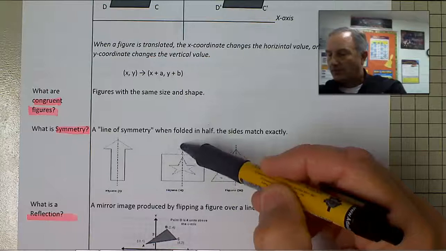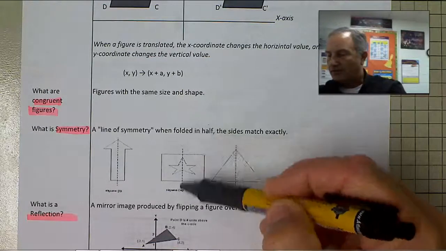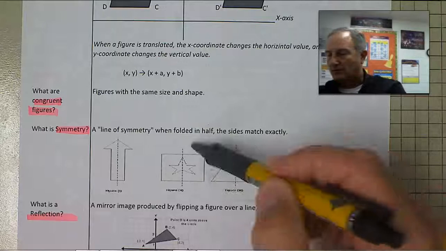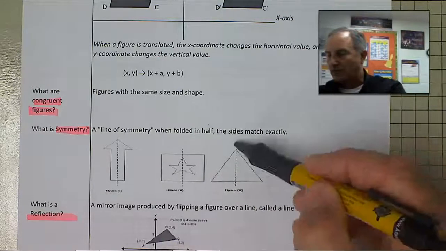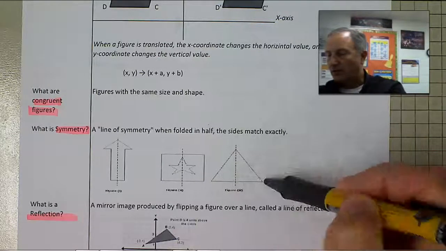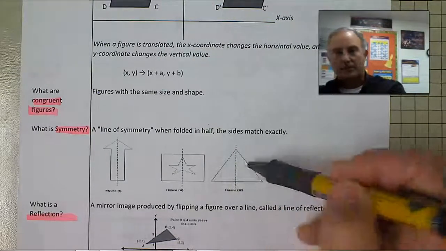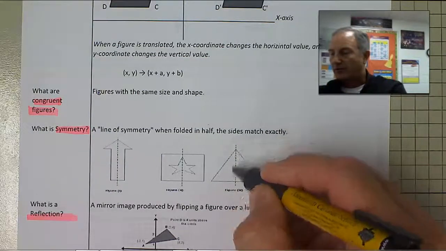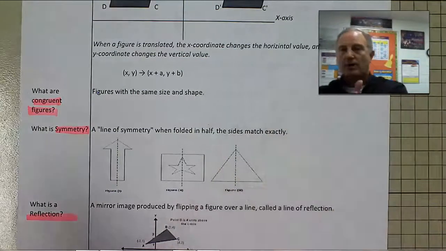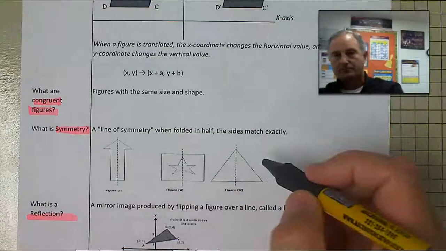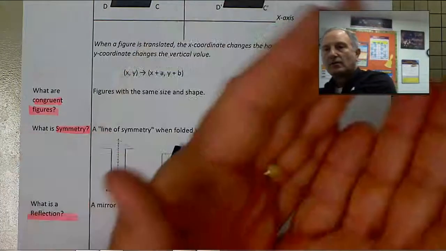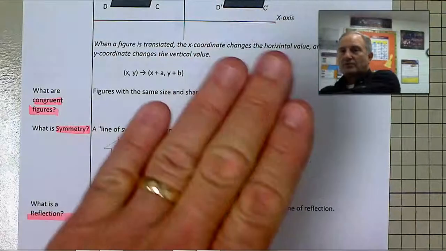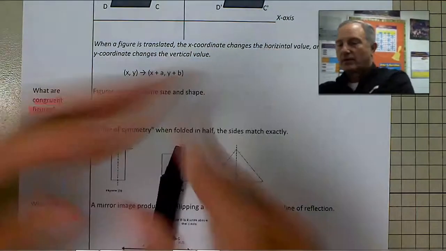If you were to fold right along this line and fold it over, everything would match up perfectly. So that's the line of symmetry. If you took this triangle and folded it right here across, it would match up perfectly, okay? Whereas you can see if you folded this point down here, it doesn't match up. There's an oddball, things are hanging out, okay? You want it to be able to fold like this and perfectly match up so there's nothing else showing, okay? Symmetry.